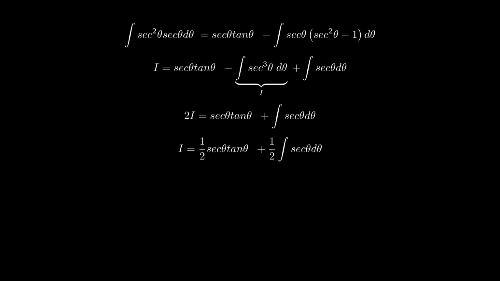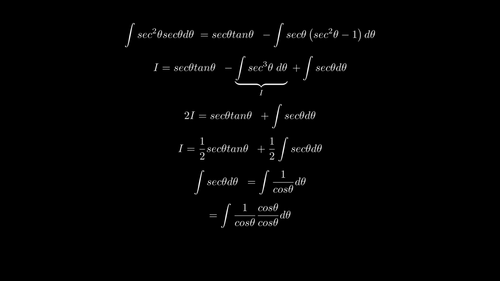Let's now focus on sec theta. We can convert that and re-express it as 1 over cos theta. And by multiplying both the numerator and denominator by cos theta, we get the integral of cos theta over cos squared theta.